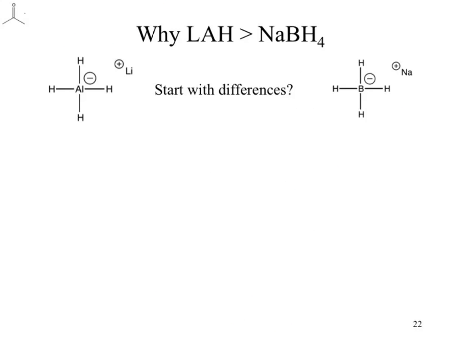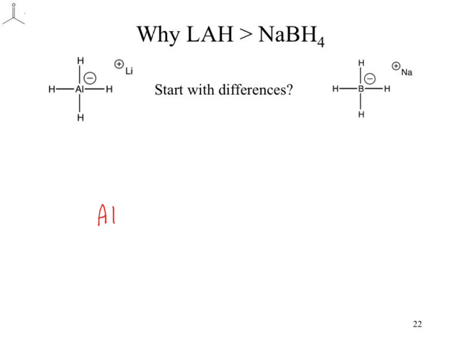Why is lithium aluminum hydride so much more reactive than sodium borohydride? In a lot of why circumstances, what we need to do is identify the differences between them. So I'll give you a moment to think about this. Ideas? Give me some ideas. It's lower on the periodic table, which means what?